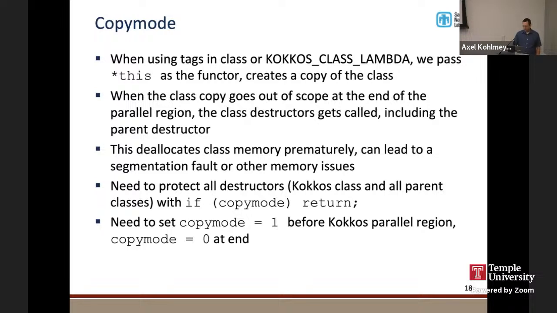So this is just a workaround to get around this class destructor being called. If you get weird memory issues or segmentation faults, then double check you did this copy mode thing correctly in LAMMPS.